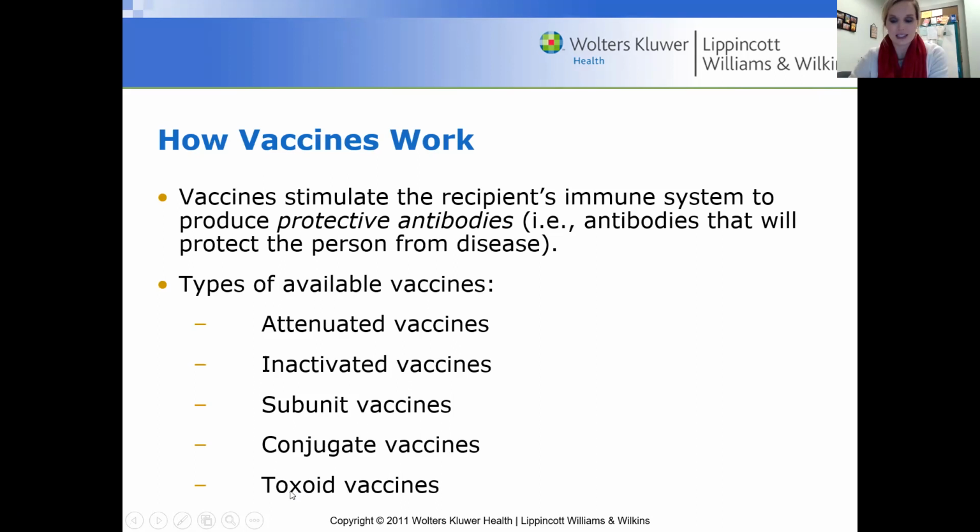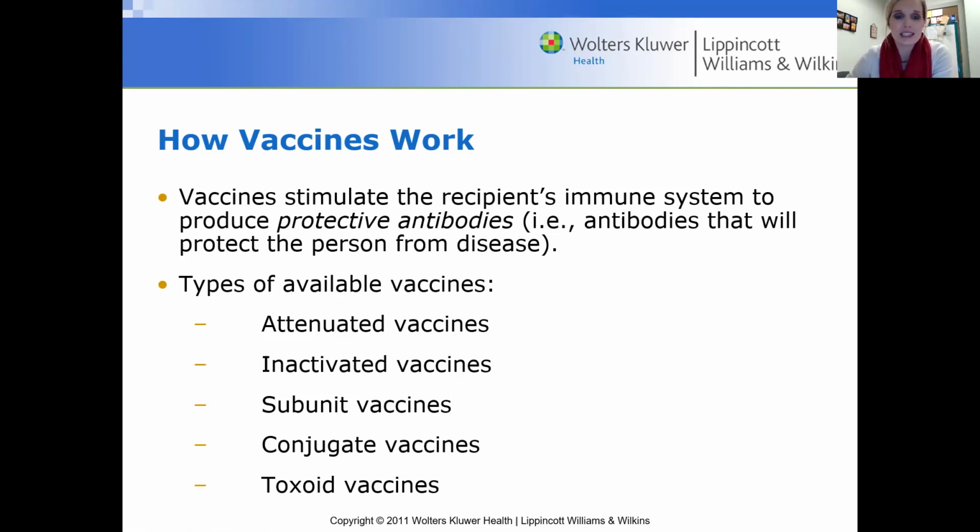That's what a toxoid vaccine is. It's just the toxins produced by the pathogens, which is what essentially makes an individual sick. But without the pathogen itself, it's not going to make us sick, and it still can introduce to our body what we need to look for when we create these antibodies for defense.